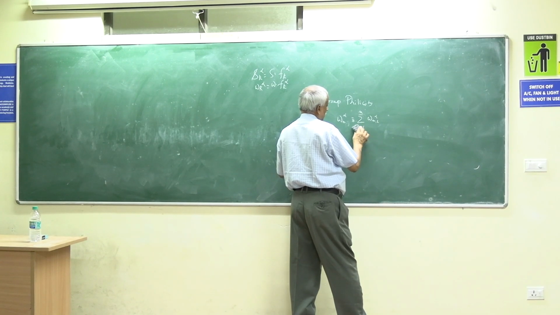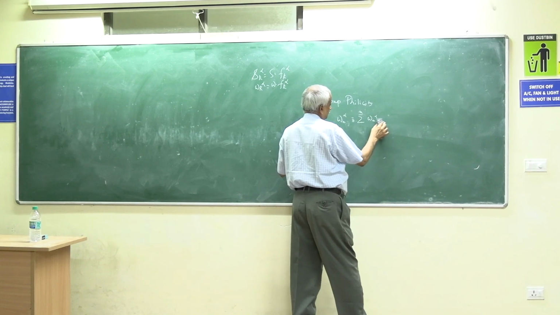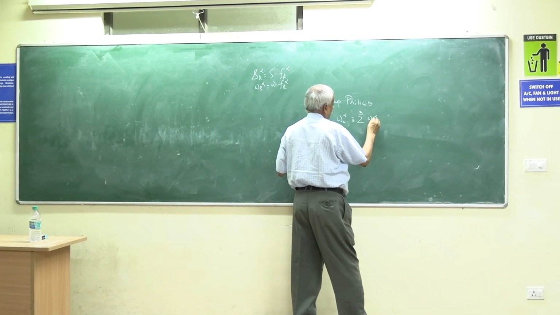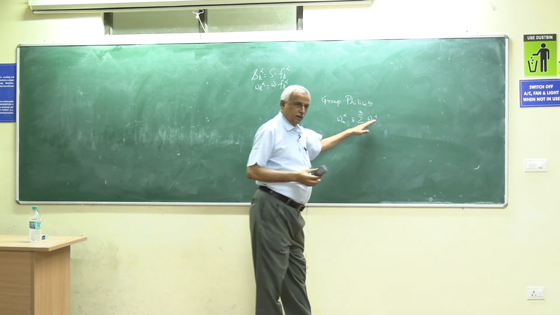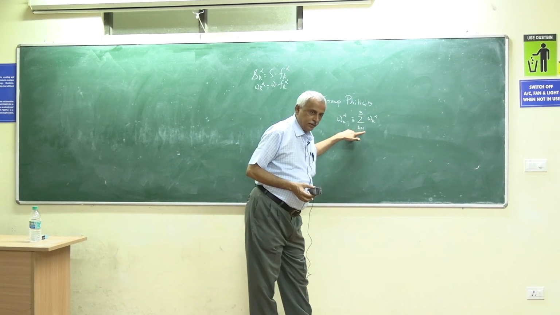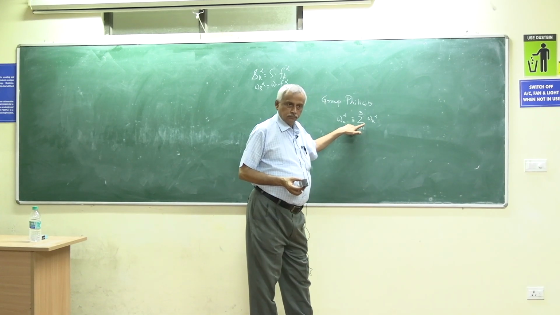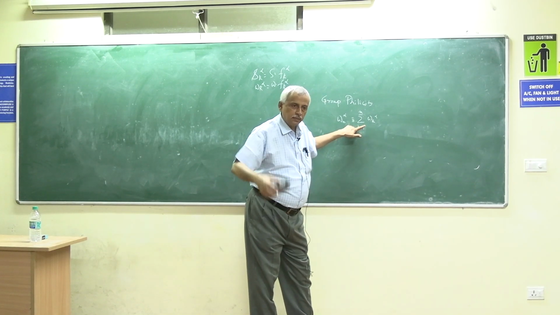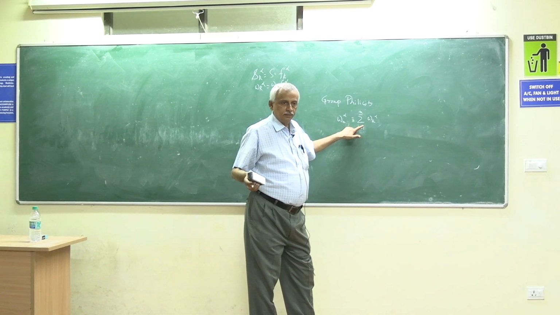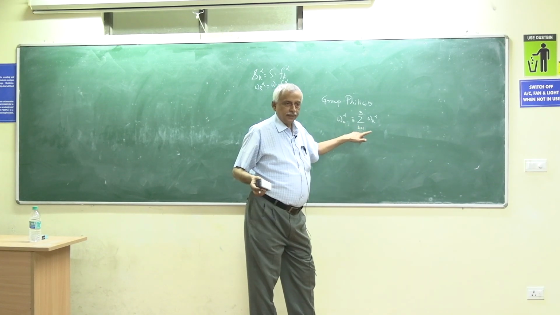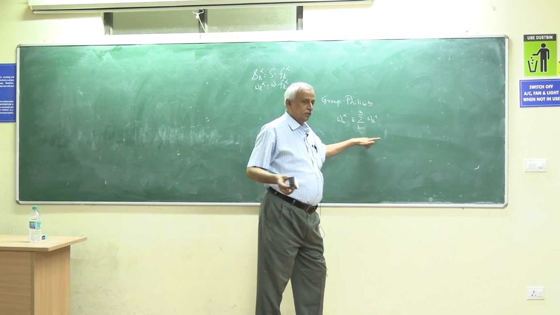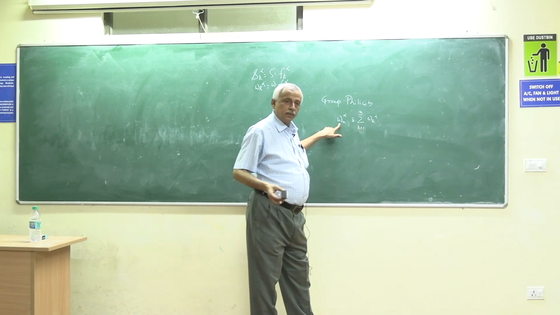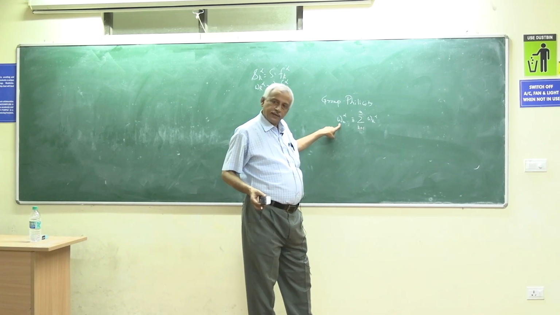I am writing it like this. Like suppose if you talk about NH2 radical, omega N alpha plus 2 times omega H alpha will give you the corresponding omega alpha for the NH2 radical.